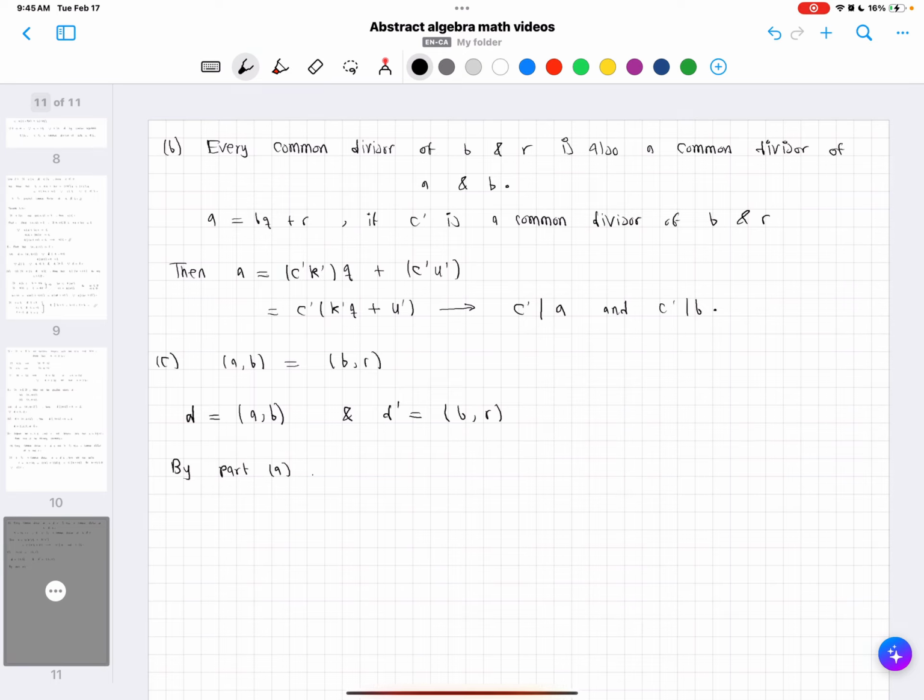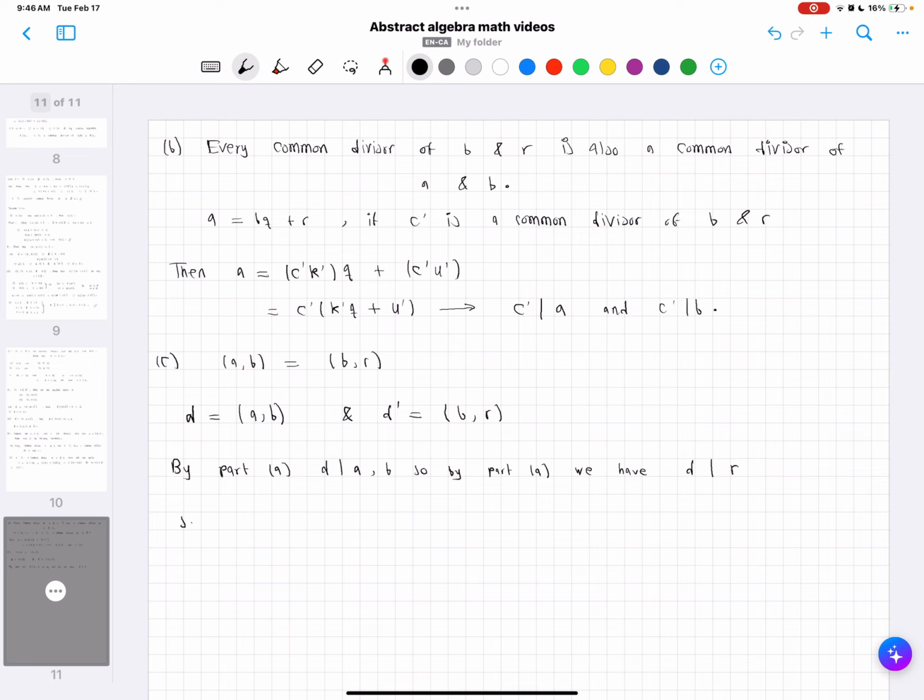So let's do that. By part A, any common divisor of A and B is a common divisor of B and R. So we have that D divides A and B. So by part A, we have that D divides R as well.